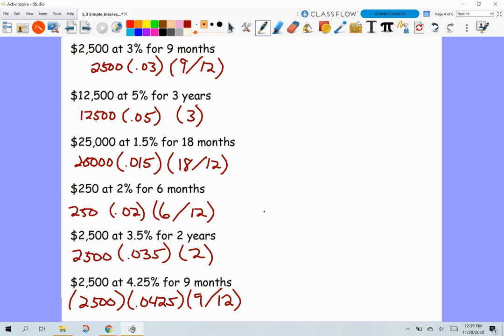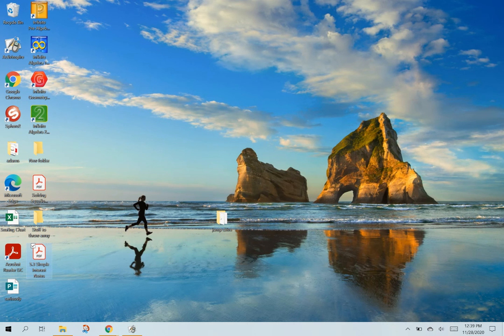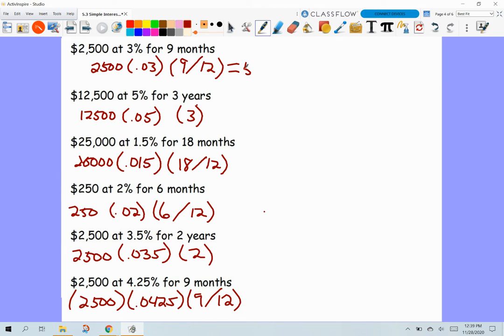However, I'm going to ask you an additional question on these, where after you calculate it, I want you to tell me the new balance. So when I calculate this first one, it's $56.25. That's the interest. If I ask you for the new balance in the account, you're going to add back on the original investment amount.